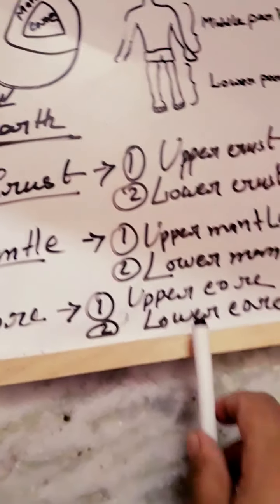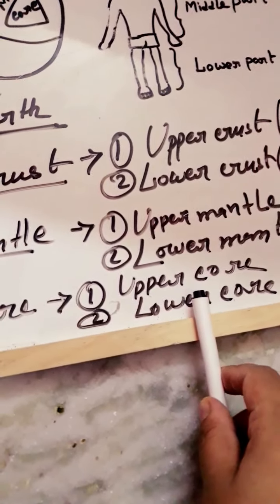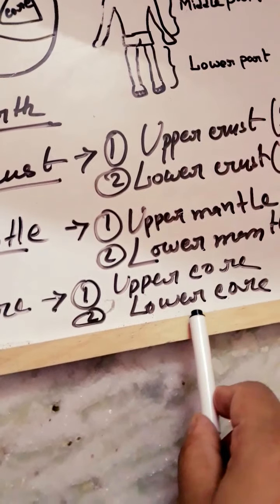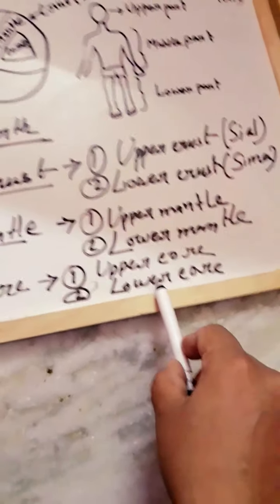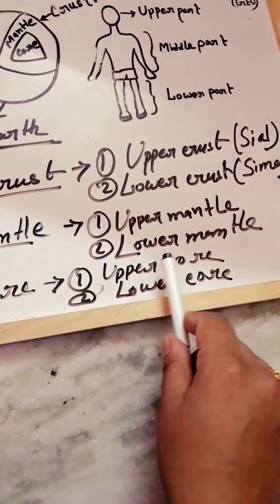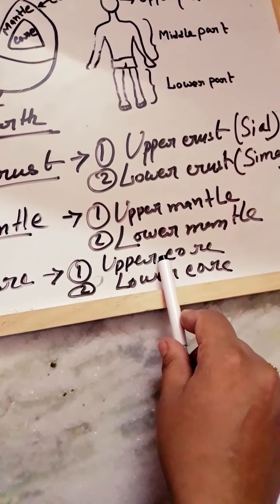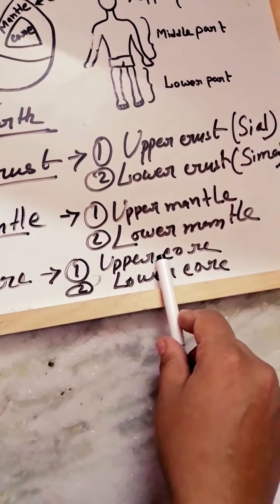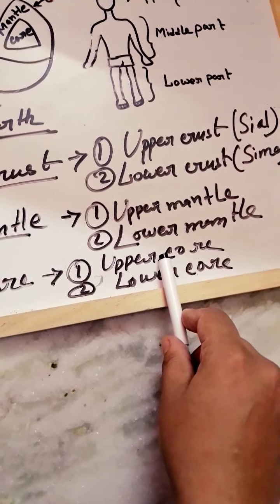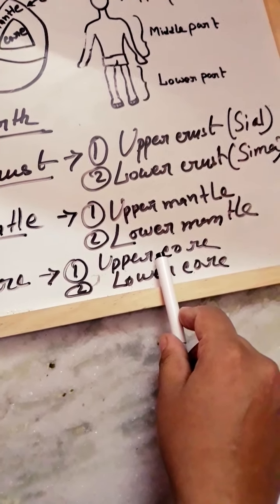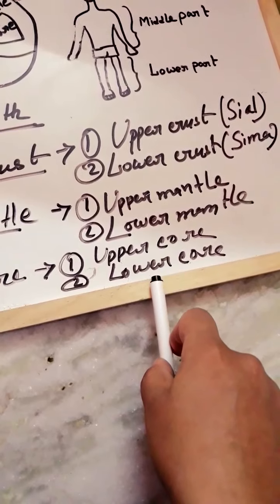Now, the interesting thing is that the upper core is hot, but the lower core is extremely hot. The upper core is so hot that it is in a molten state, and the lower core, though hotter, remains solid under such extreme pressure.